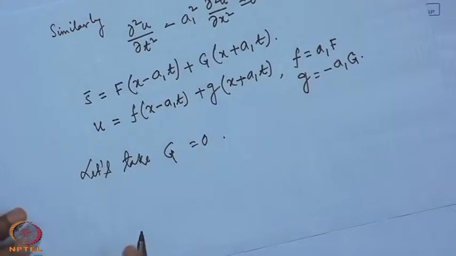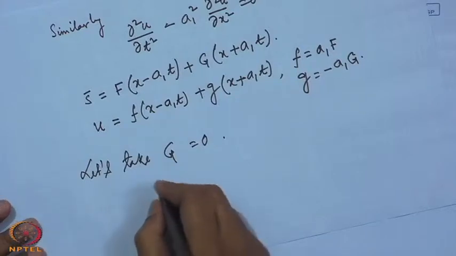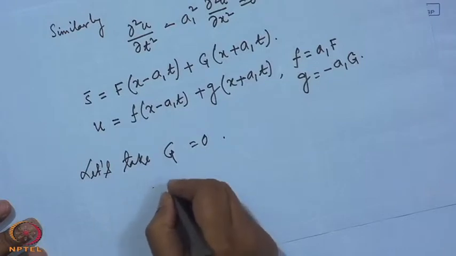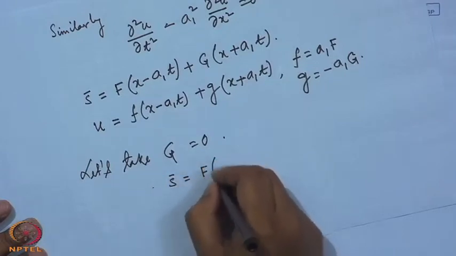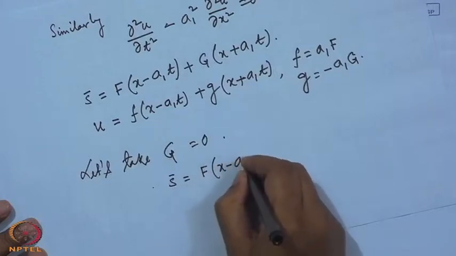So, the density disturbance at time t is given as simply f of x minus a 1 t.